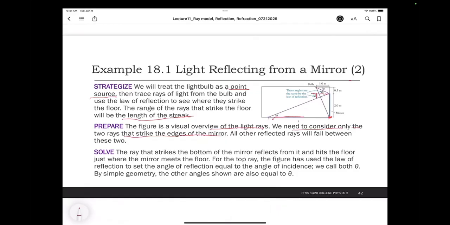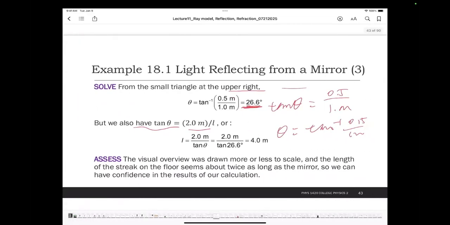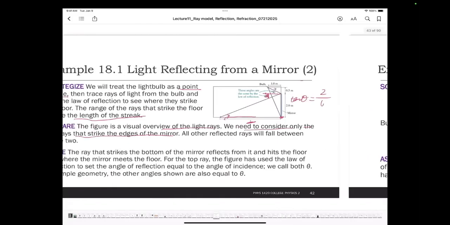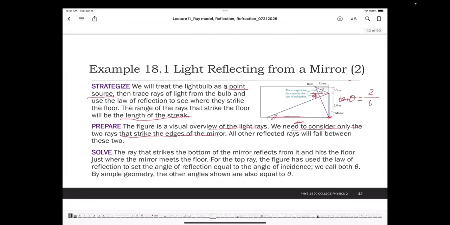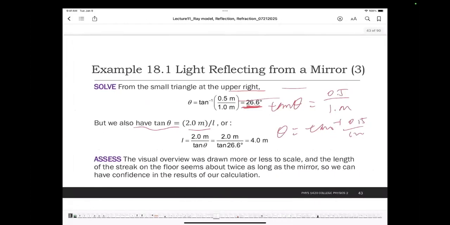So this angle equals this angle, which means tangent theta also equals something divided by L. For now we know tangent theta, and we just want to calculate L. Does that make sense to you? So L equals what?